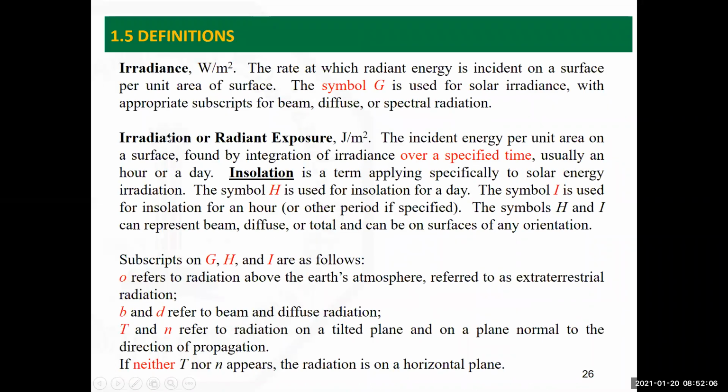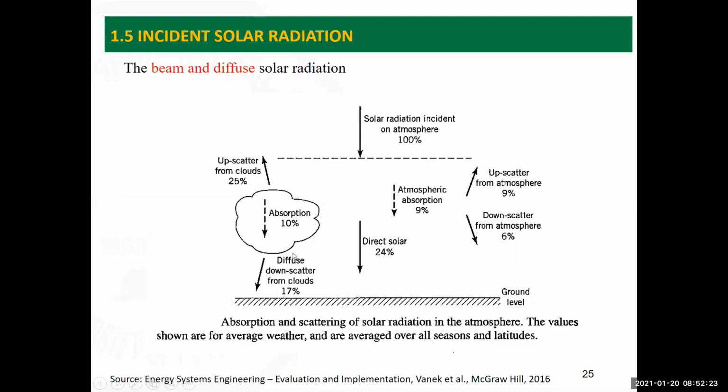Doctor? Yes. How much percentage do we lose when we get through the atmosphere in terms of the radiation? Maybe when we look at this, it will give you an idea, because we know the solar constant is something like 1,367 watts per meter square.